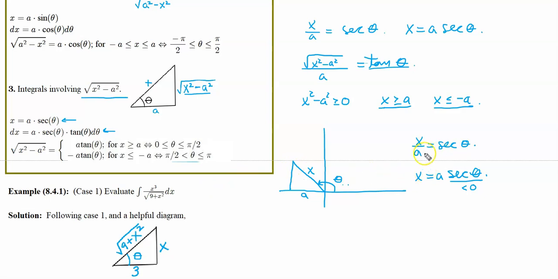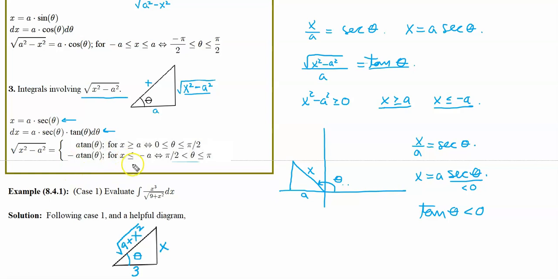So the x will be a negative number. However, we also need the square root to be a positive number. So if we label the square root as being a tangent theta, well, in this quadrant, the tangent of theta is also negative, but we want the positive square root here, so we have to put a negative out in front. So that's how everything works out.